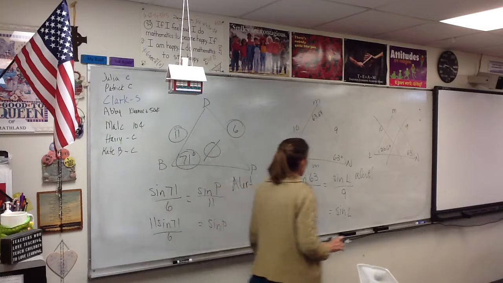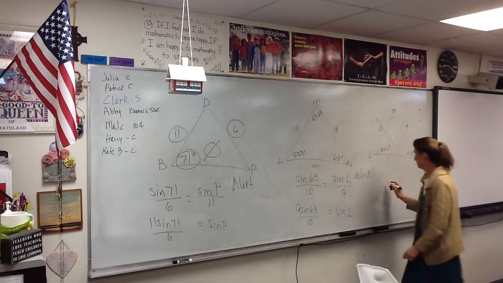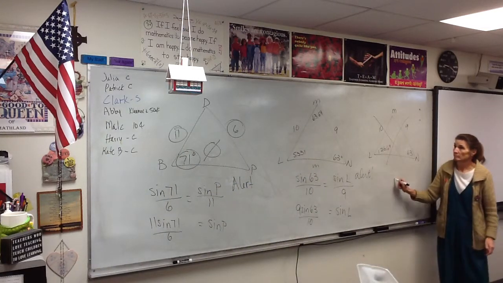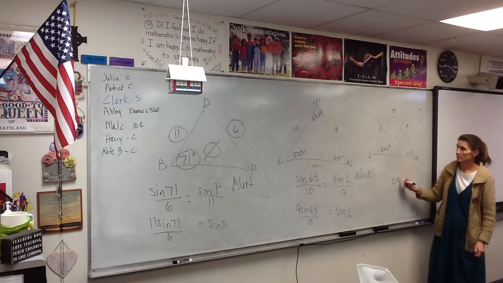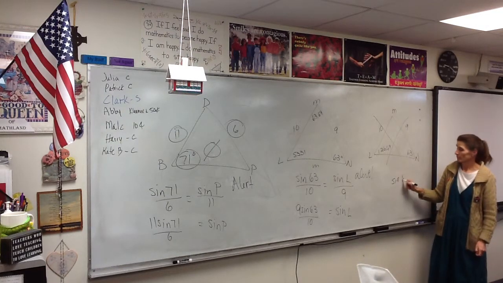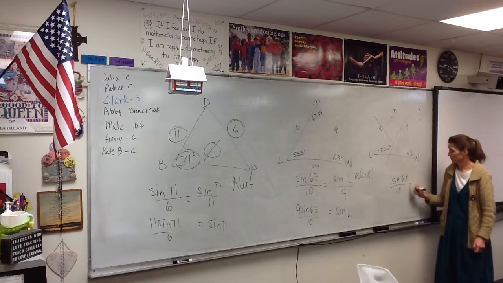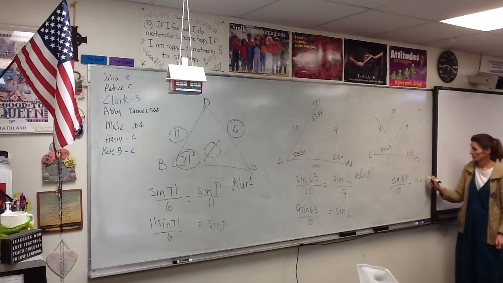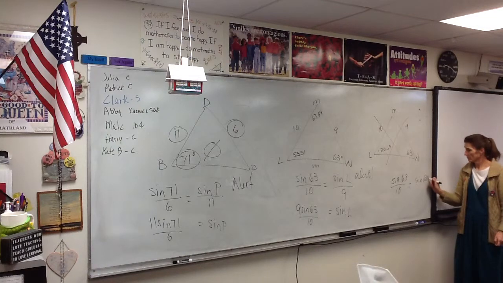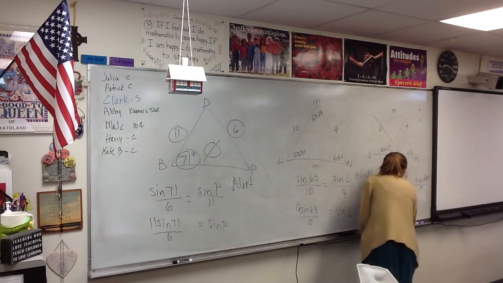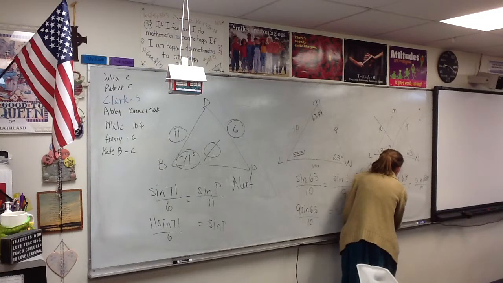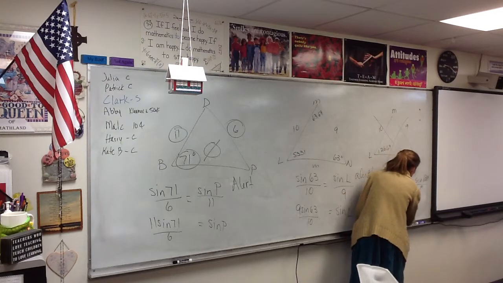Solve for little m, and how would that look, Stephen? You can do a proportion, the law of sines. Sine 63 over 10 equals sine 63.69 over m. Exactly. So little m will be 10 sine 63.69 over sine 63.